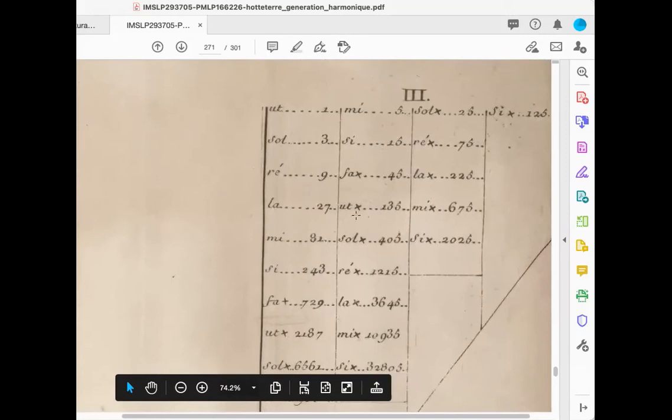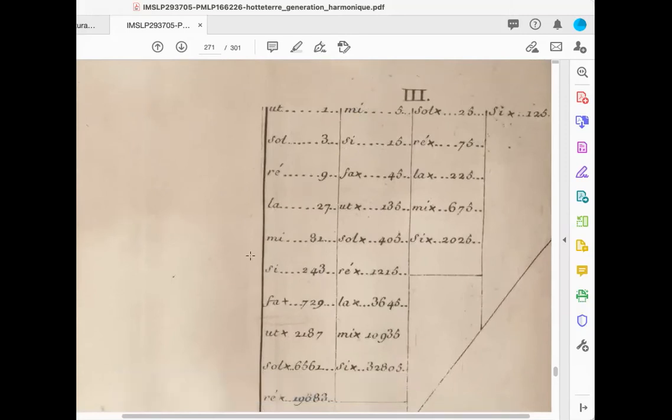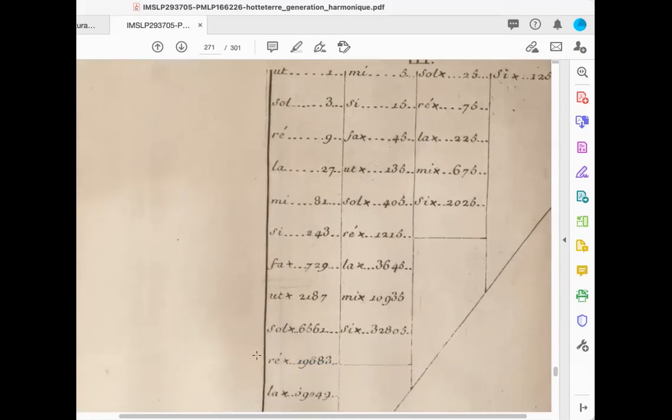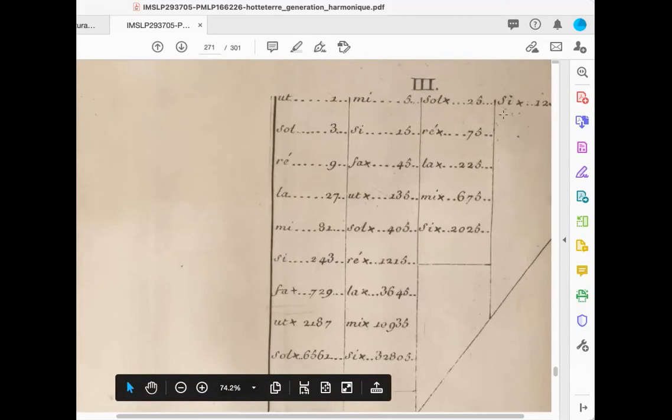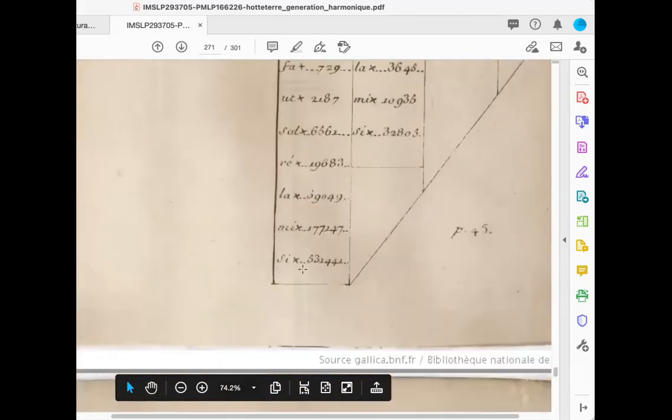So the mi, or the E given by third, is contained in the fifths here. The G sharp is contained here. And the B sharp is contained at the end.